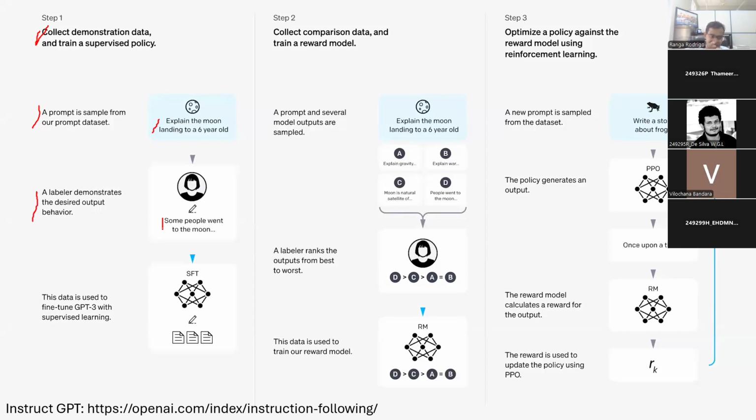Then you have a network, it's called supervised fine tuning. You can see the supervised output is available. The data is used to fine tune GPT-3 with supervised learning. They say that they used about 40 people for this task. That's the first step.